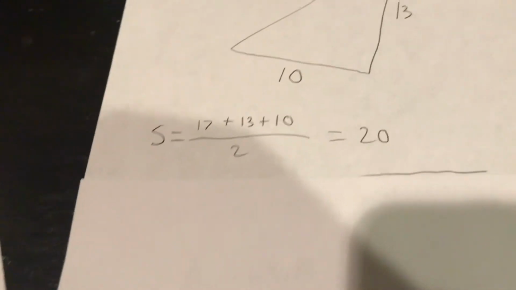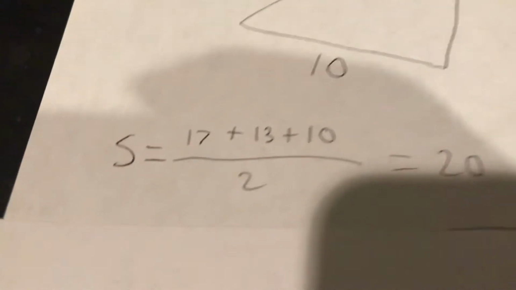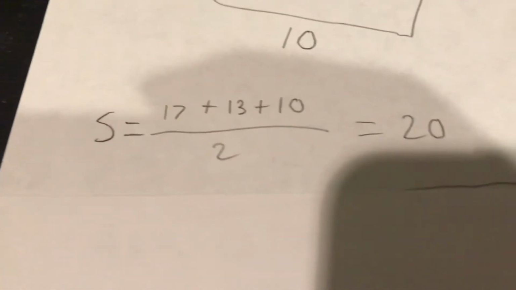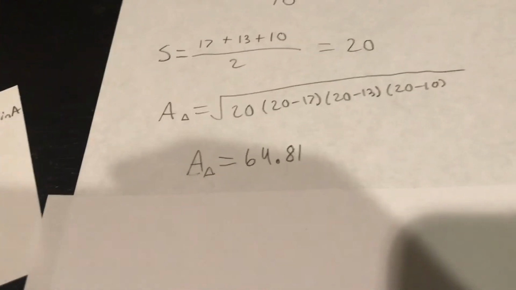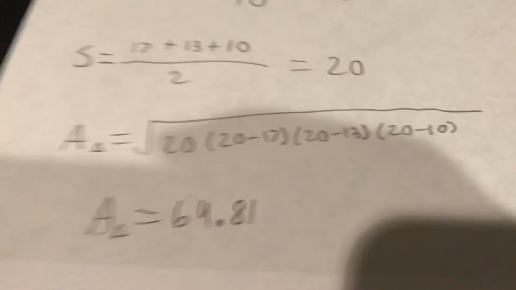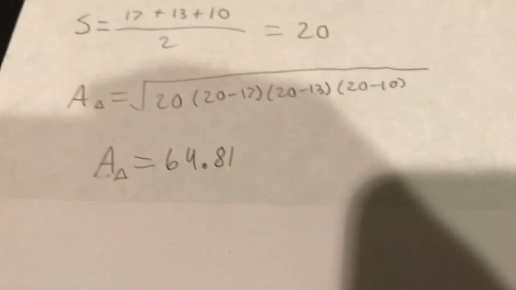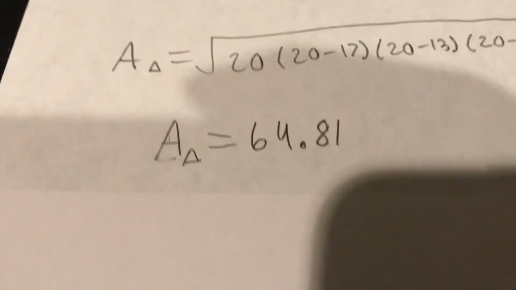We found S. We added all three of the sides together and then divided them by 2 and got 20. And then using that information, we plugged it into this equation and found the area, which is 64.81. And then we get one big final, say it with me, yay!